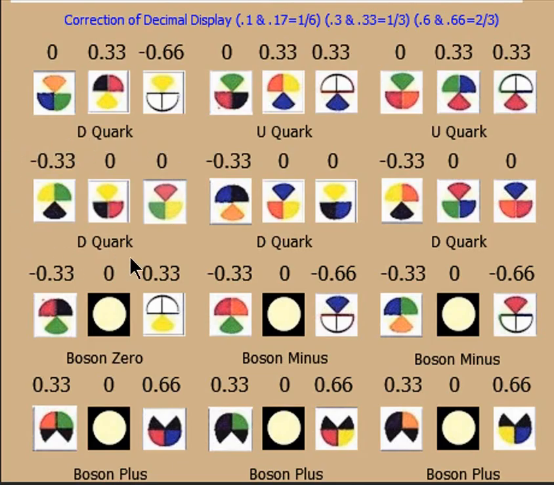Now we have this generic D here, which has a minus 1/3, but the three of these groups compose the quark. And if we look here, we have an electric charge of 0. This is now a boson 0 after the exchange of the prime rishons.